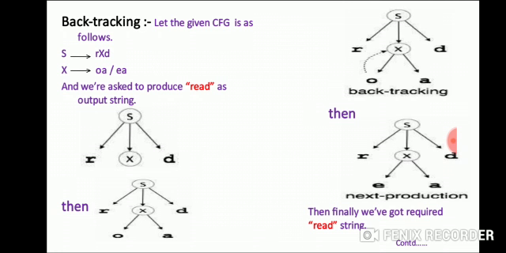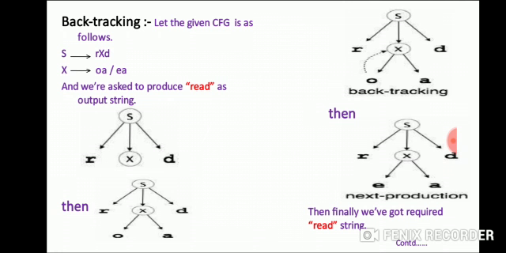Since in this production R and D are both terminals, they will not produce any productions. Now at this level, X is the only non-terminal, or variable, so we'll go with the second production, X produces OA. While applying this production, we get ROAD as an output, but what we require is READ, not ROAD.